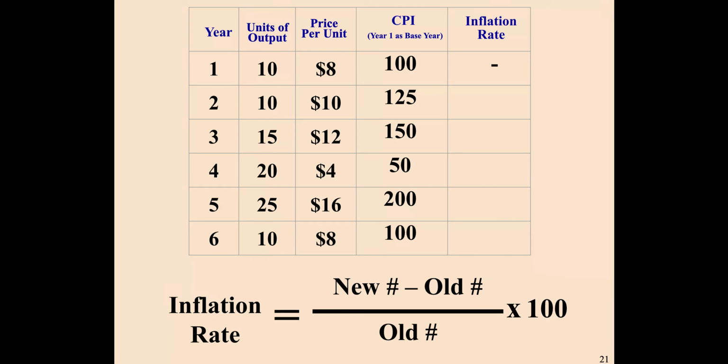So you don't have an inflation rate in the base year. But in year two, you can see it's 25%. In year three, it is 20%. We're only looking at the growth from year to year. In year four, it went to a negative inflation rate because it went down from 150 to 50. To go from 50 to 200, that was a 300% inflation rate. And to go from 200 to 100 would be minus 50%. Really take a look at this to understand CPI and inflation.